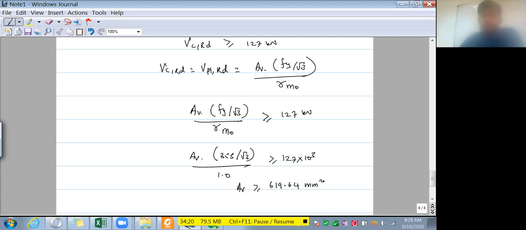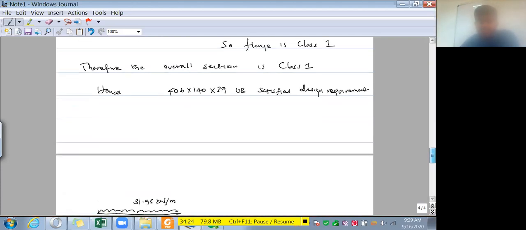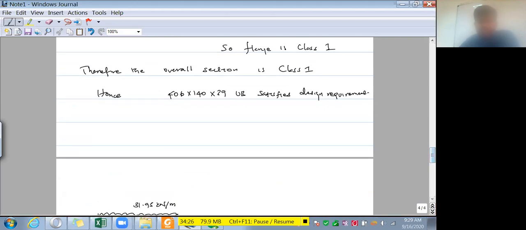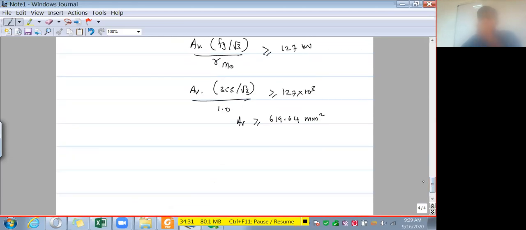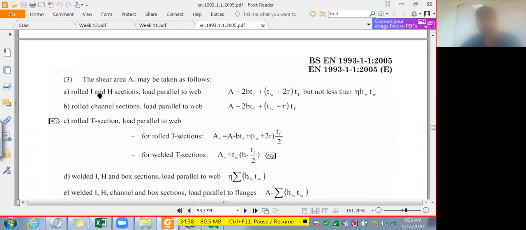Now we have already chosen a section for bending, so we have to see whether that section satisfies. So 406, 140, 39. Av is obtained from this equation. Av for rolled I and H sections, load parallel to the web.